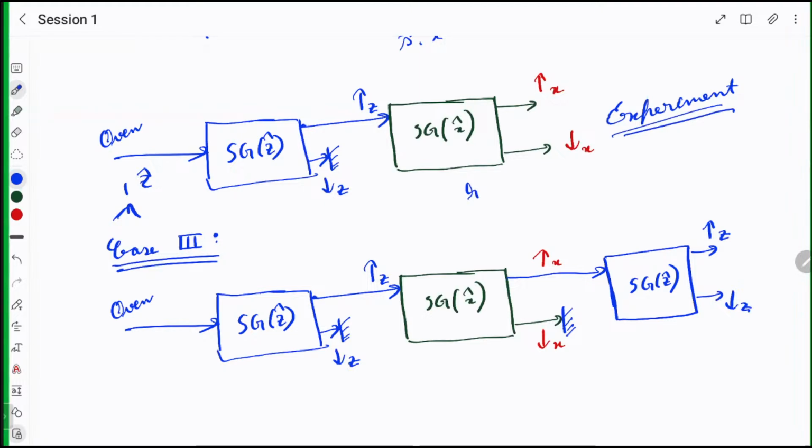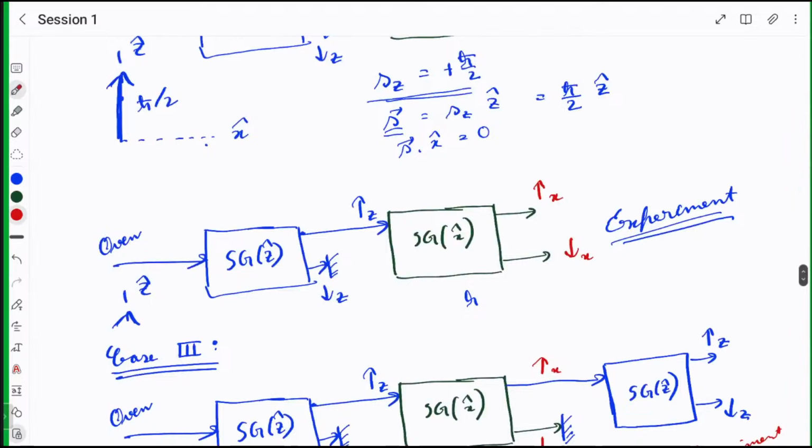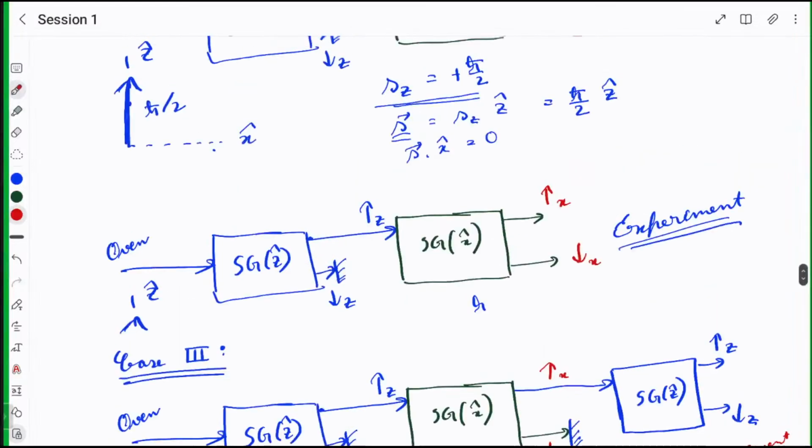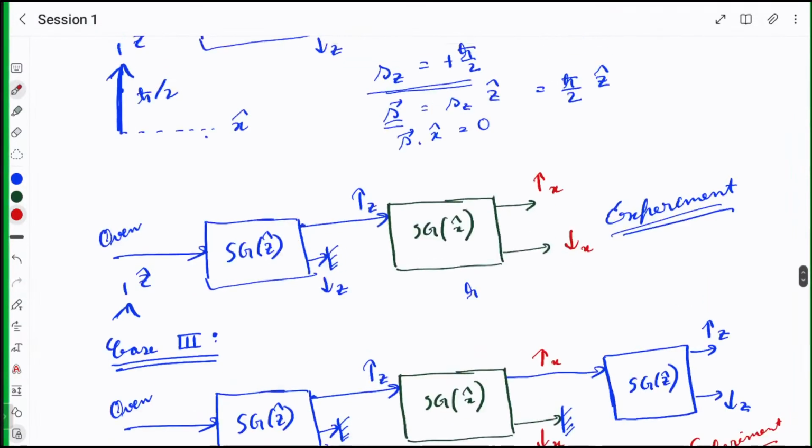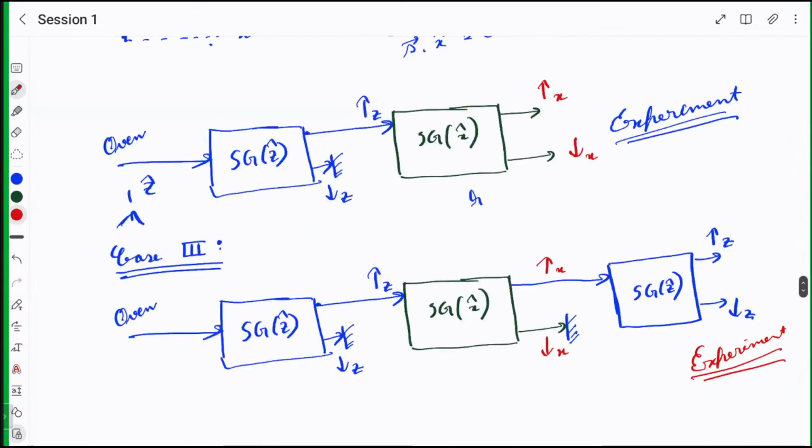This is according to experiment, and that's what we got. Of course, in this example also we saw that our classical intuition, or the classical sense of a vector, did not help us much.